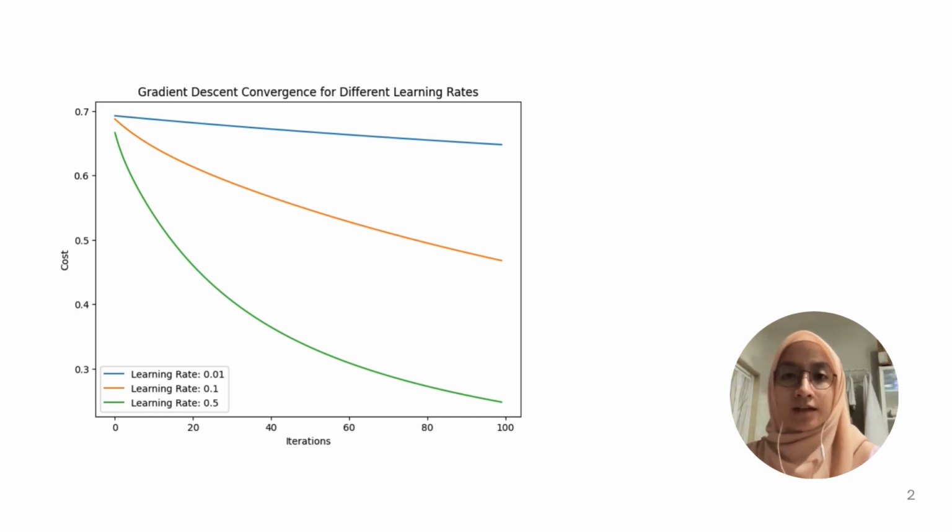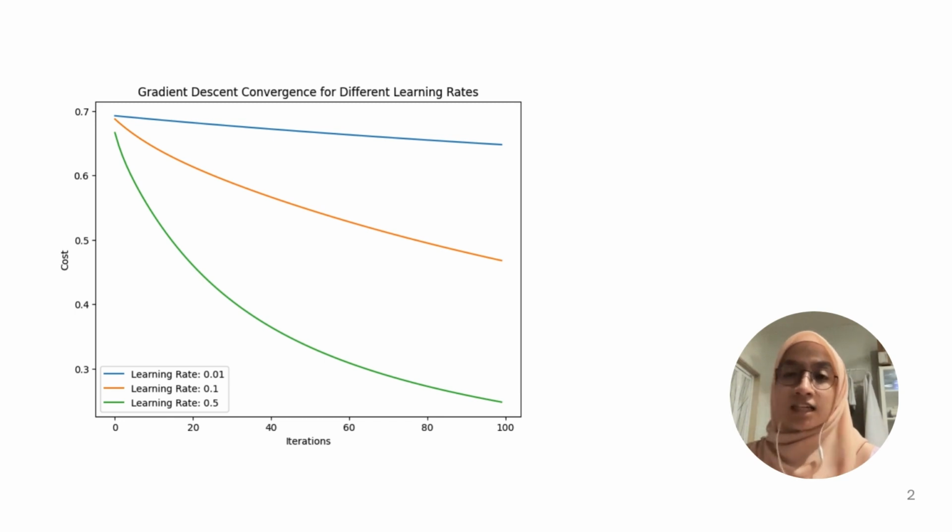First up, I implemented gradient descent with 3 different learning rates: 0.01, 0.1, and 0.5. Then I plotted the cost function over 100 iterations to see how the learning rate affects convergence.